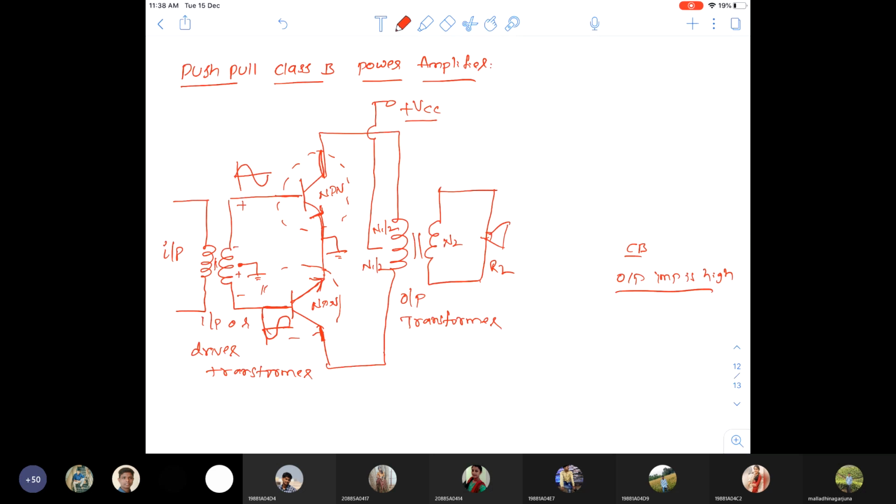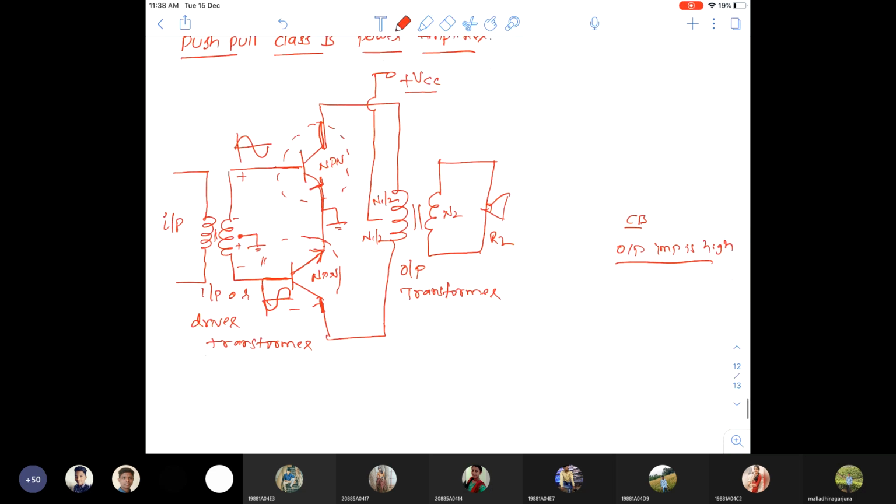To match these impedances, anyway we are using the transformer, no? So that's not a problem. Anyway you are using the transformer, so that can convert high impedance to low impedance. So in the place of CE you can use a CB amplifier also, no issue.